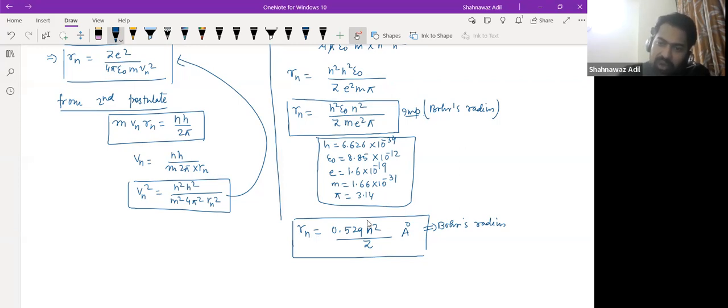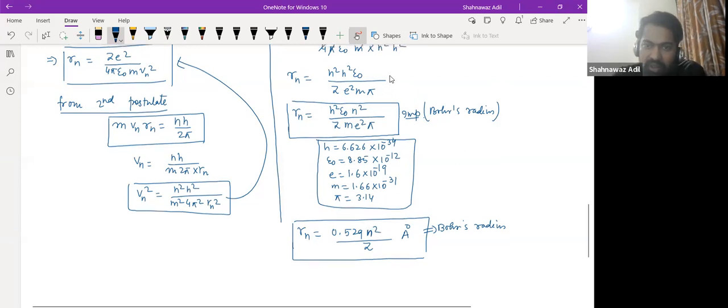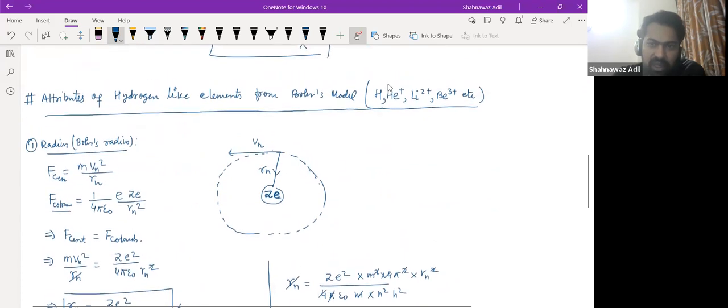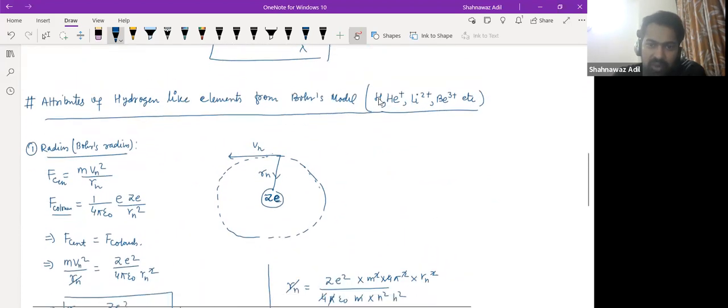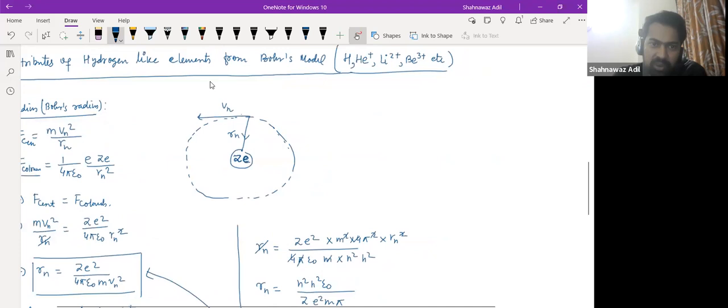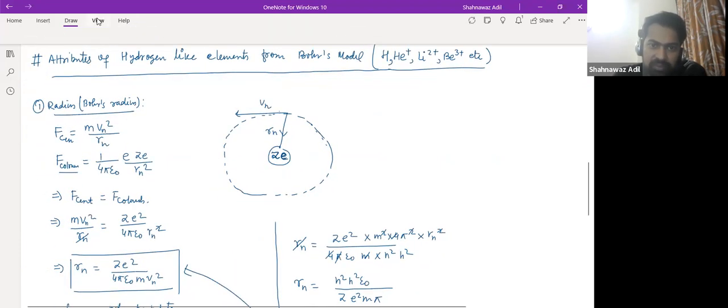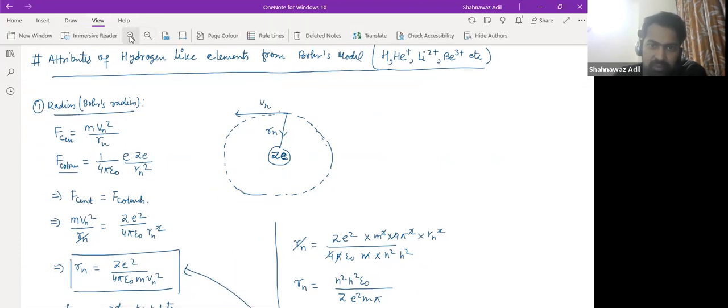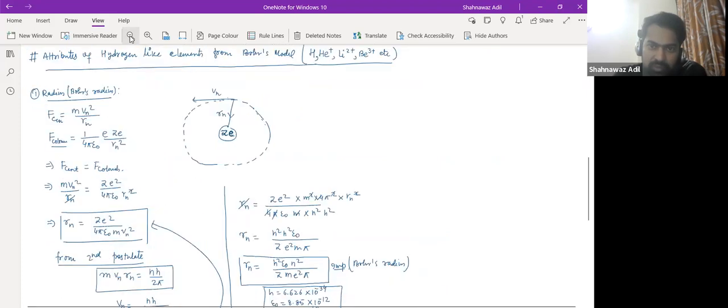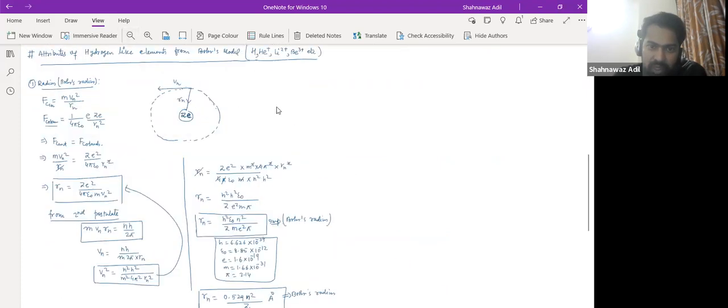Please note this part down. Please quickly note it down, guys, and then we'll talk about velocity. We also have to talk about time period, and then we'll talk about energies.